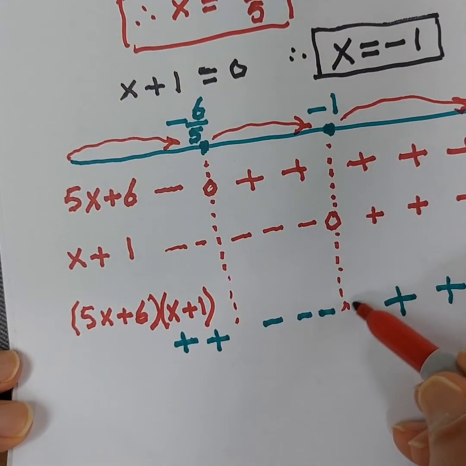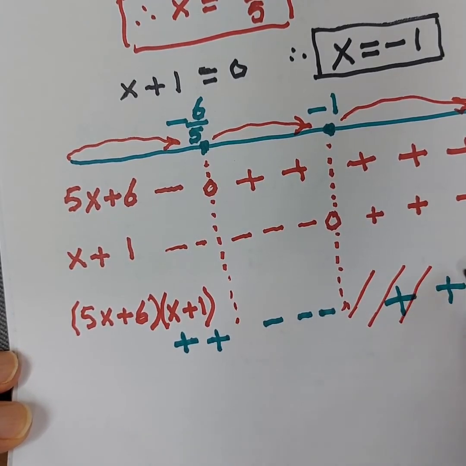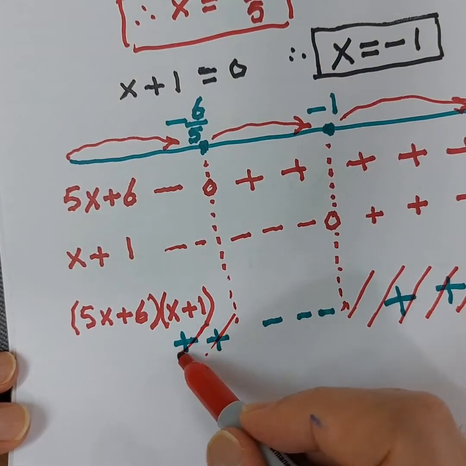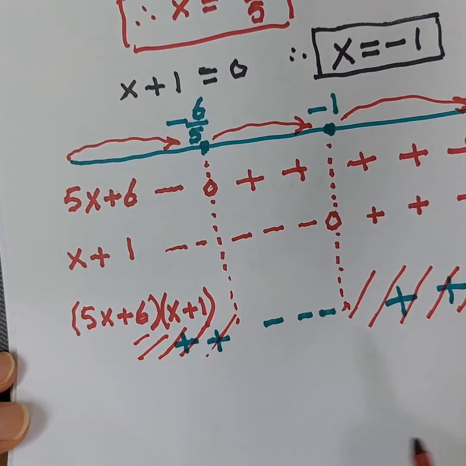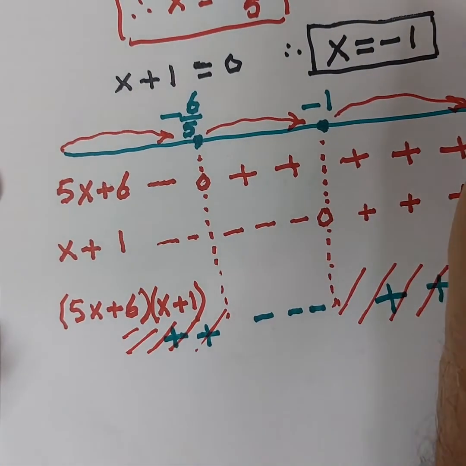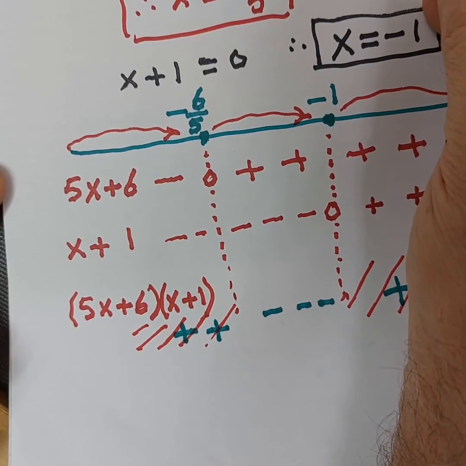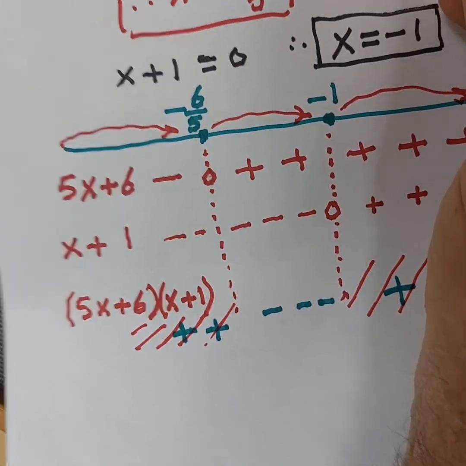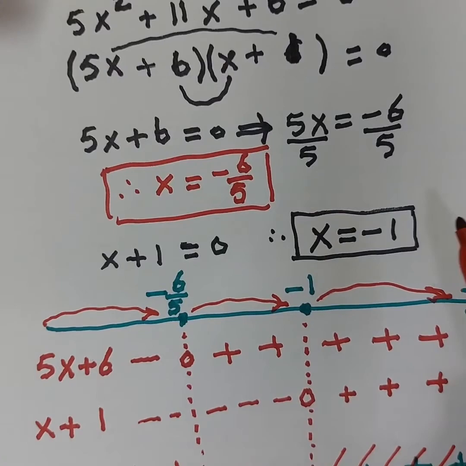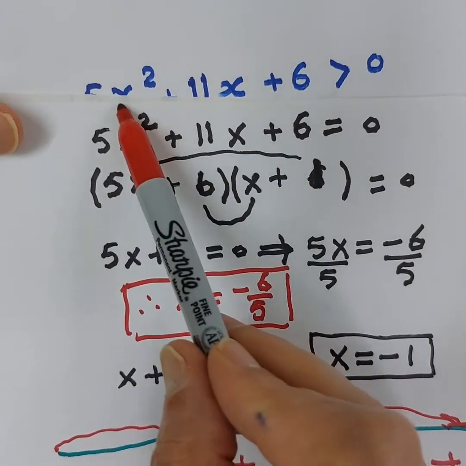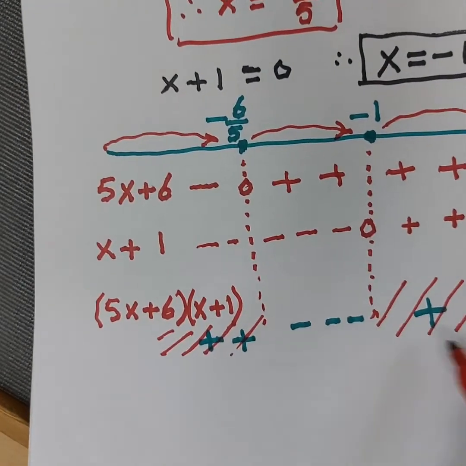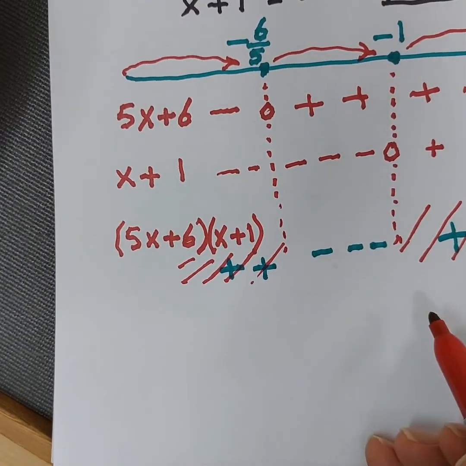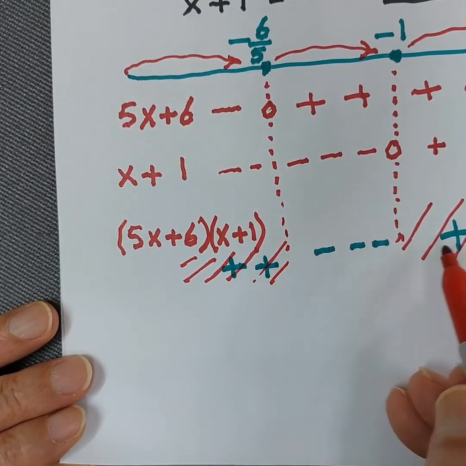So this interval is positive and this interval is also positive. These 2 intervals together represent the answer for the inequality we started with, this inequality. So the answer will be these 2 parts.